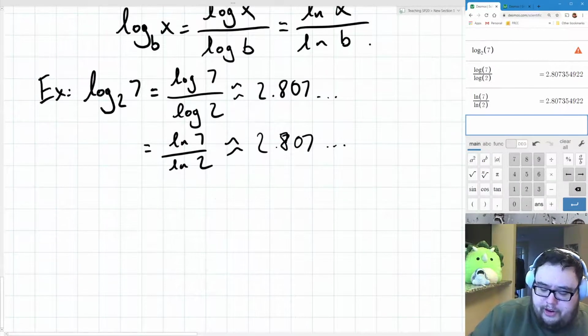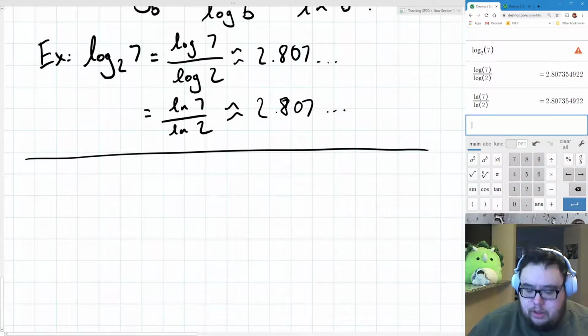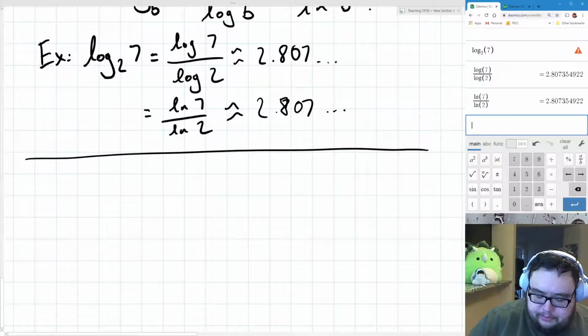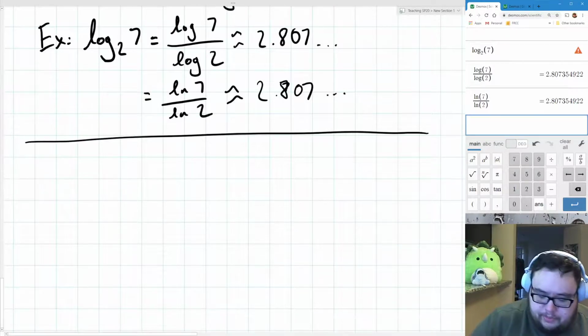There are a couple of more very basic properties of logarithms. Actually, let's just go ahead and hit them all at once. Let's talk about the properties of logarithms in general.